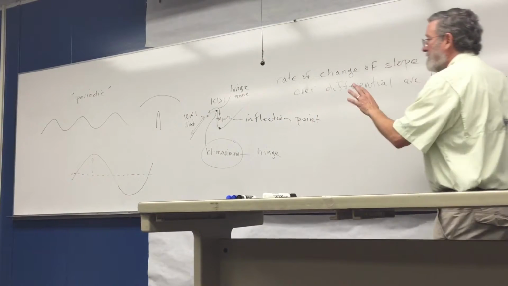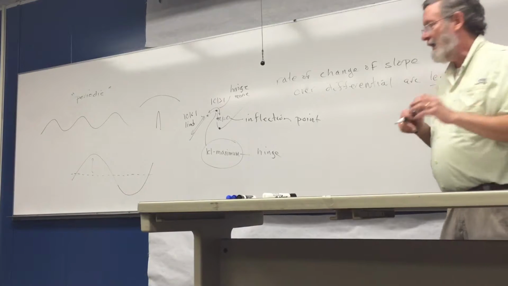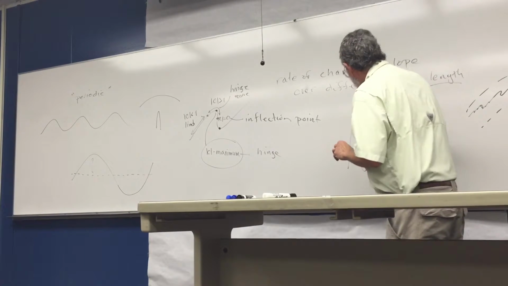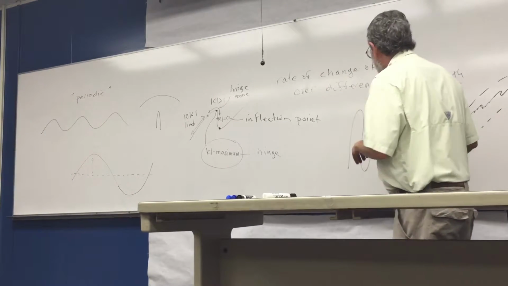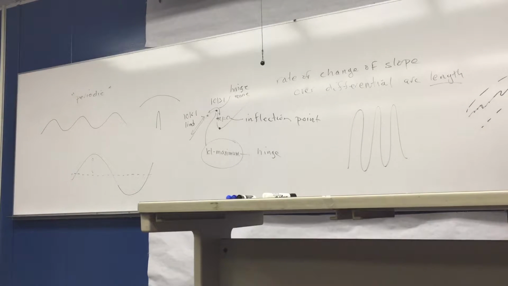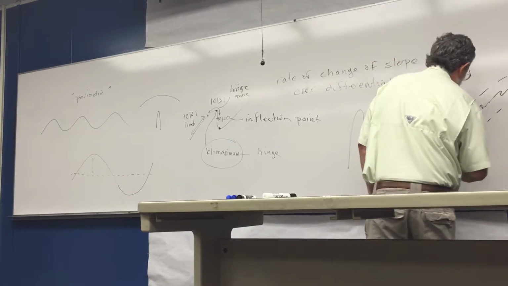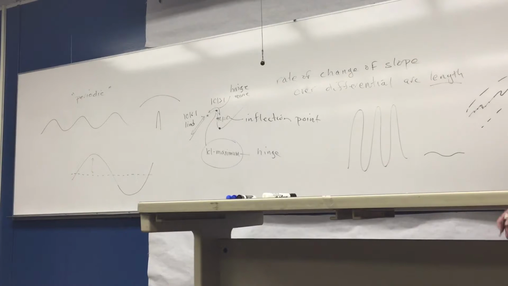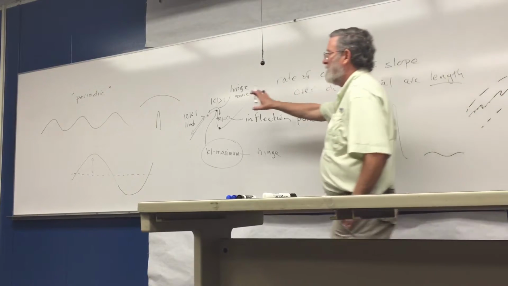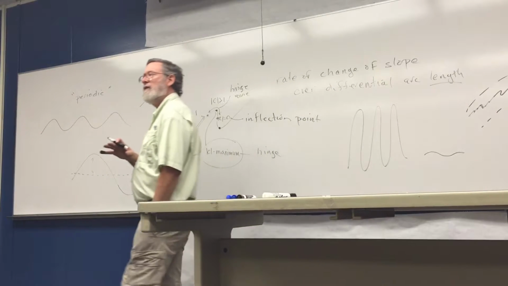So we can have folds that have something like this. Would this be low amplitude or high amplitude? It's going to be a relatively high amplitude versus something that is very gentle and open like this. So we can define and describe folds based on these simple geometries.